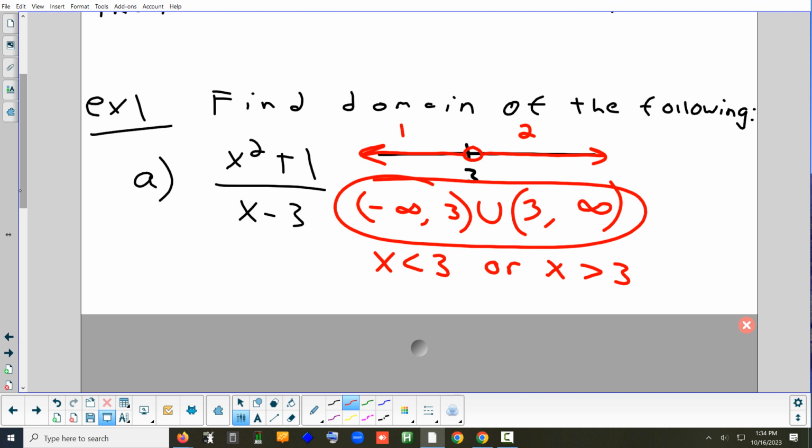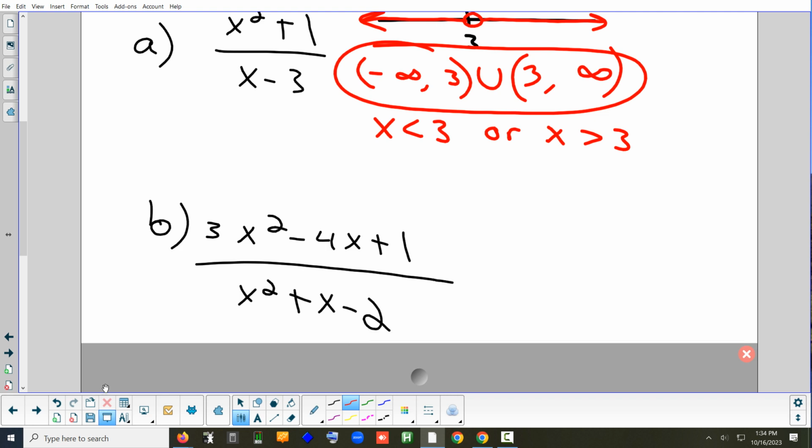Yeah, if they were looking for a phrase, like a sentence, then you could write x is all real numbers except 3, like you said. But if they ask specifically for a graph, an interval, or an inequality, you'd have to write it one of those ways. This one didn't say which way they wanted, so I would accept what you just said because they didn't say you had to do it any of those ways.